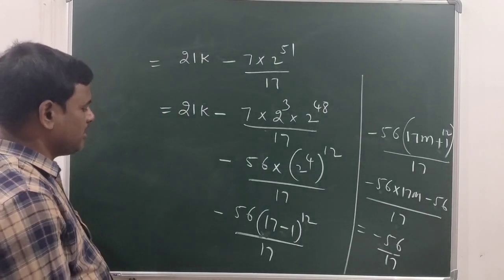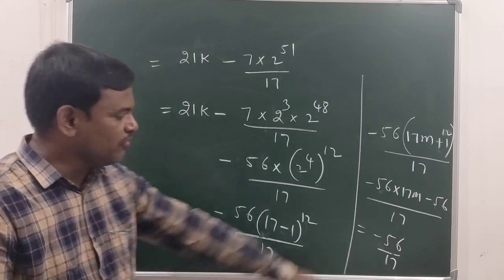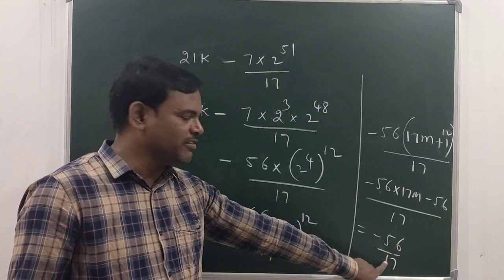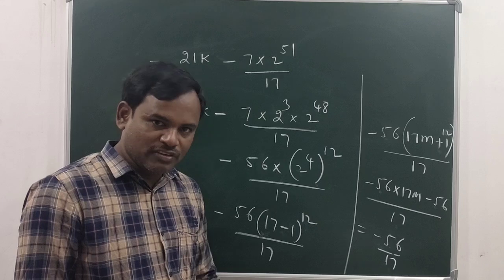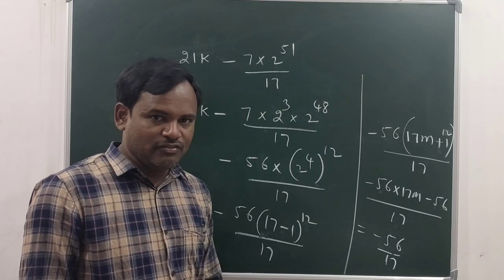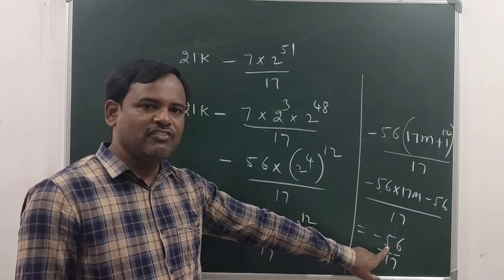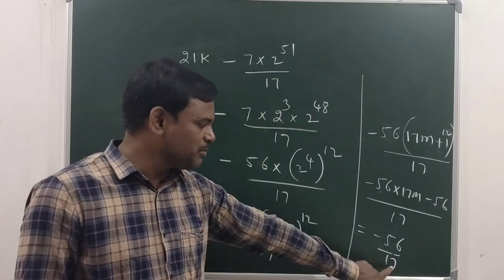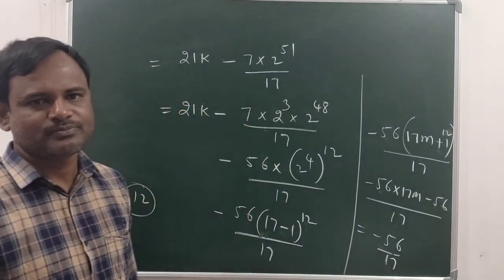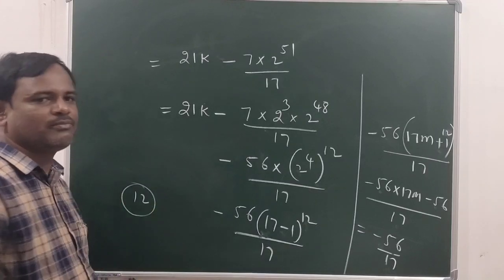Okay, see here, 12 is your required remainder. Don't get confused here. 56 by 17 is there. 56 is not a multiple of 17. So 17 3s are 51. 17 4s are 68. If you take 51, what is the difference between the 56 and 51? 5. That 5 must be subtracted from 17. Okay, if you subtract 5 from 17, you will get 12.